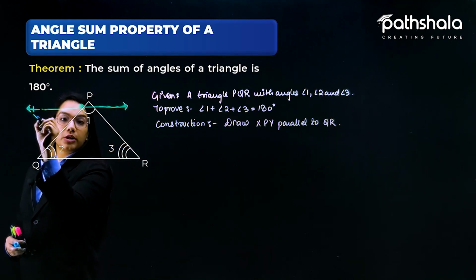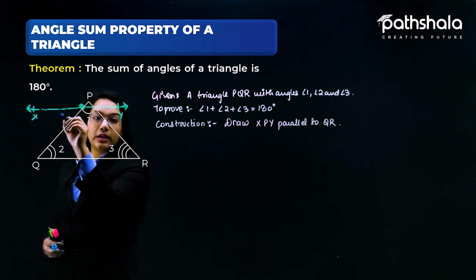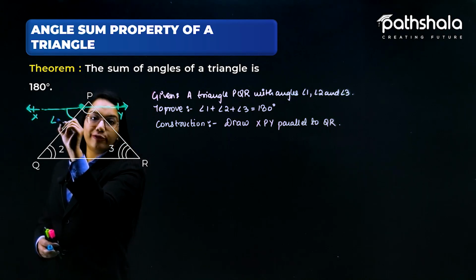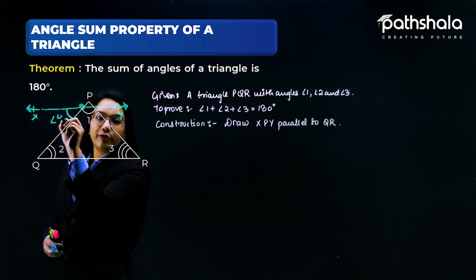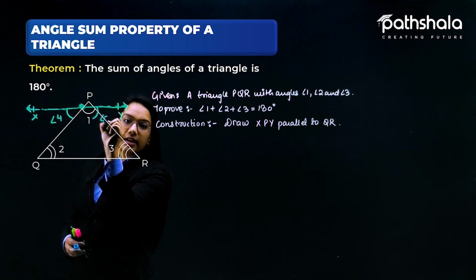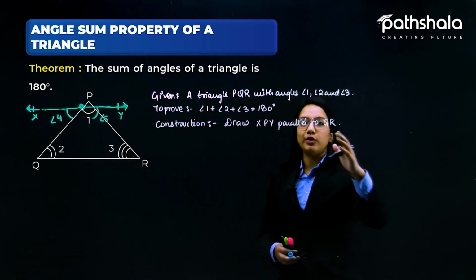I'm calling one end X and the other end Y. Let us call this particular angle angle 4, and this angle angle 5. So by construction, I have drawn XPY parallel to QR.